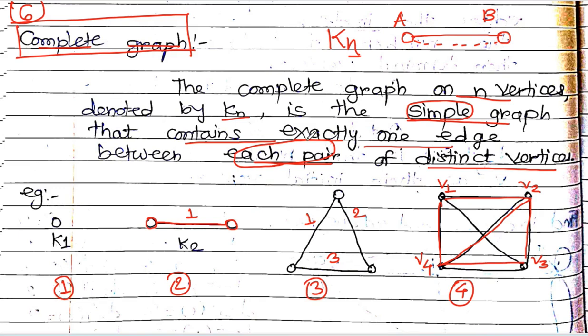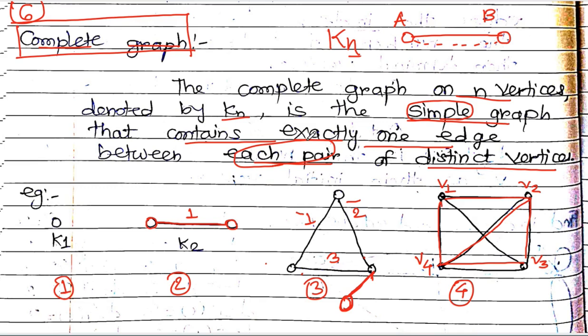Now let's take the example of graph number 3. Suppose there is one more node here, and suppose it is connected with one of the vertices like this. But this graph is not a complete graph because each distinct pair of vertices is not connected.